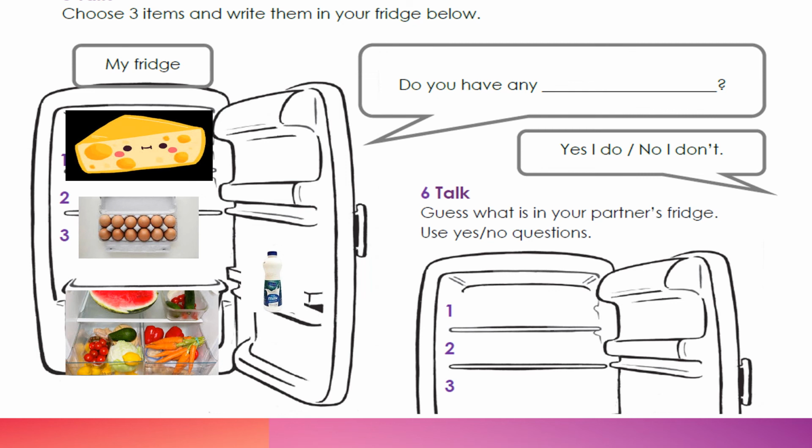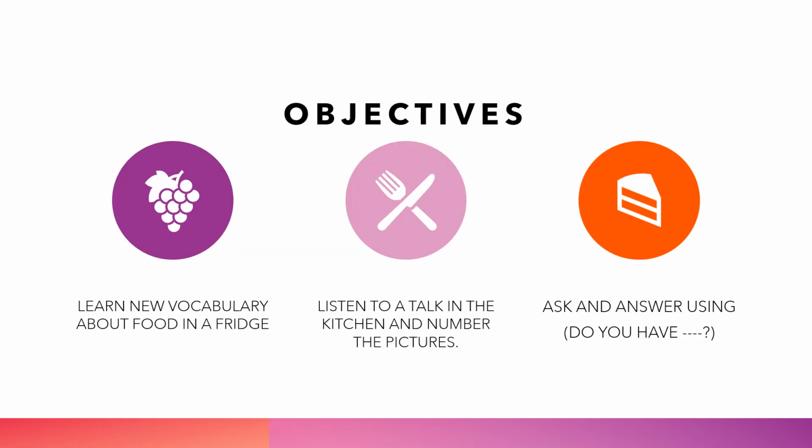Do you have any eggs? Yes, I do. Do you have any milk? Yes, I do. Do you have any fruits? Yes, I do. Do you have any vegetables? Yes, I do. Do you have any chicken? No, I don't. And so on.